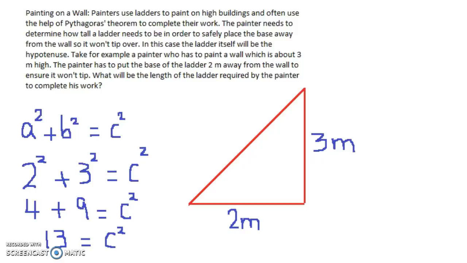It's not a perfect square, but using a calculator can help us figure out the square root of 13, which is about 3.6. So therefore, the ladder that is needed by the painter to paint the wall is about 3.6 meters.